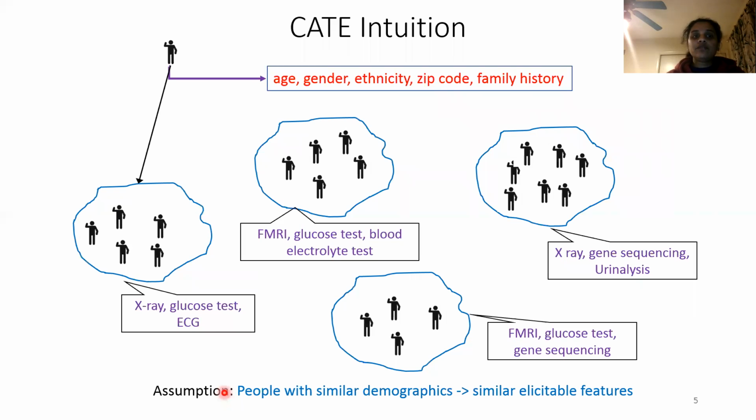Hence, at training time, if we can identify these various clusters in the data based on the observed features, which are easily available, and if we can identify the important elicitable features for each of these clusters, then at prediction time, if a partially observed instance comes with these features like age, gender, ethnicity, zip code, etc., all we have to do is map this person to the nearest cluster based on these features, and then elicit the important features which are required for that cluster.